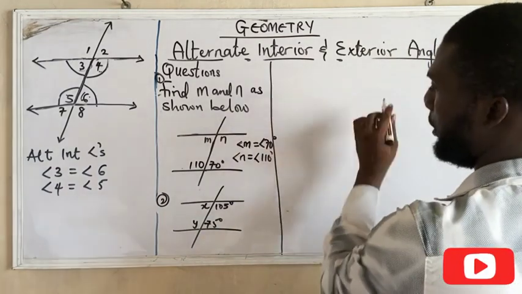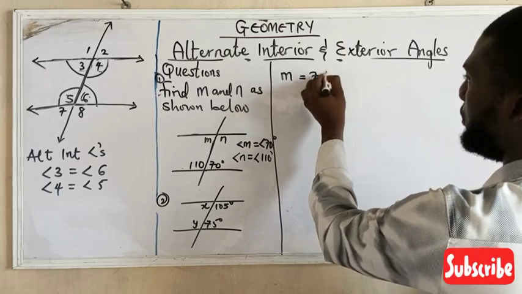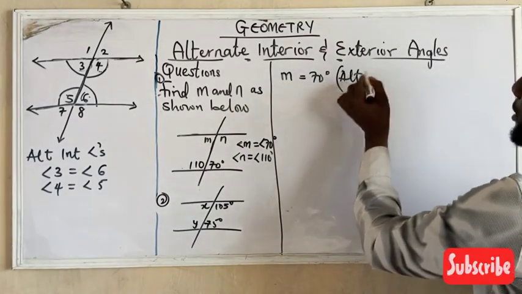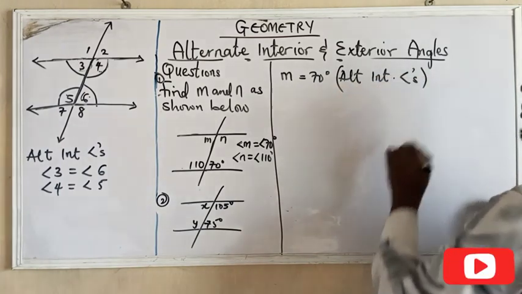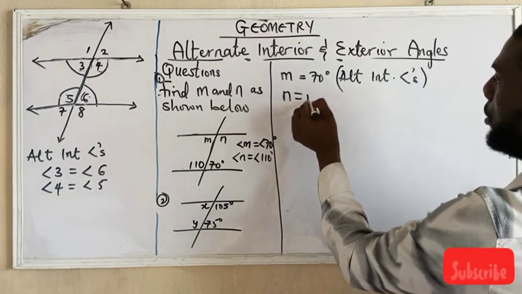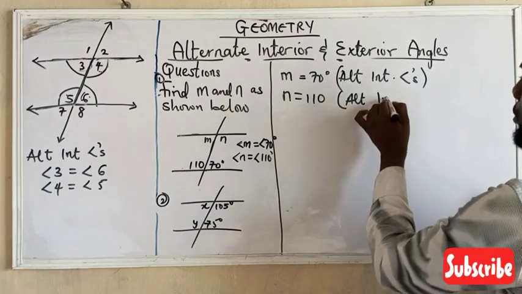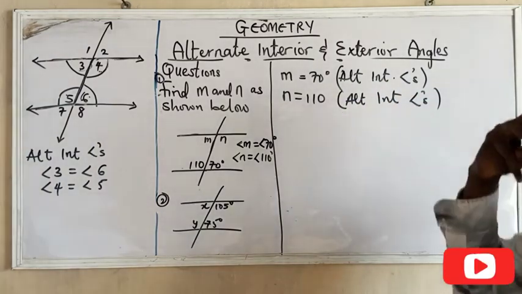So I can as well say that M equals 70 degrees. Reason: alternate interior angles. And I can as well say N equals 110. Reason: alternate interior angles. So that is how that can be done.